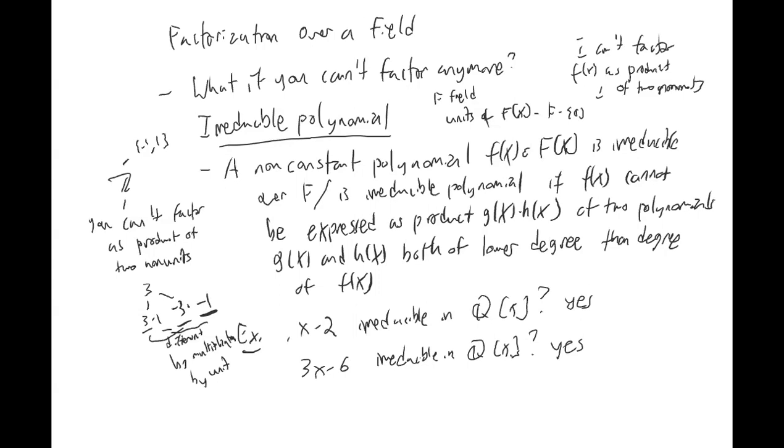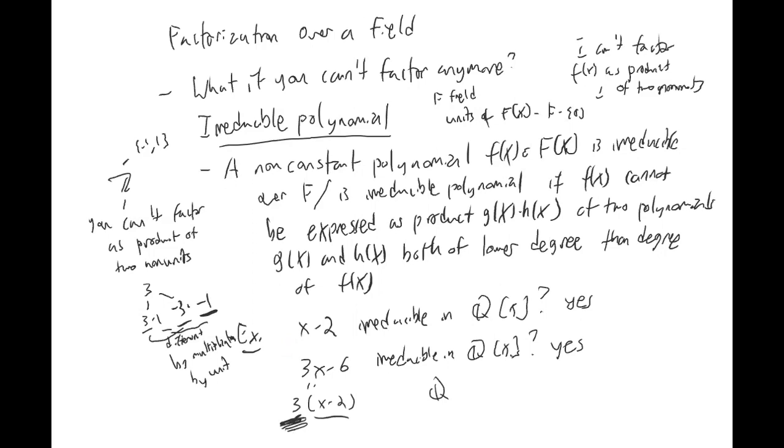So this and this are two different polynomials, but you could factor this as 3 times x minus 2. It's still irreducible because this thing is a unit. I can't factor 3x minus 6 as a product of two non-units. I can only factor it like this, but the problem is this is a unit.